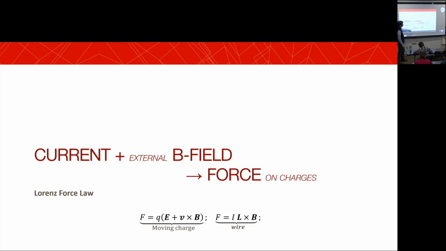And remember that a charge in an electric field feels a force without even moving. So if the magnetic field B is 0, there's still a force on this charge due to the electric field. So if we put a charge in an electric field, it has an electric force on it.